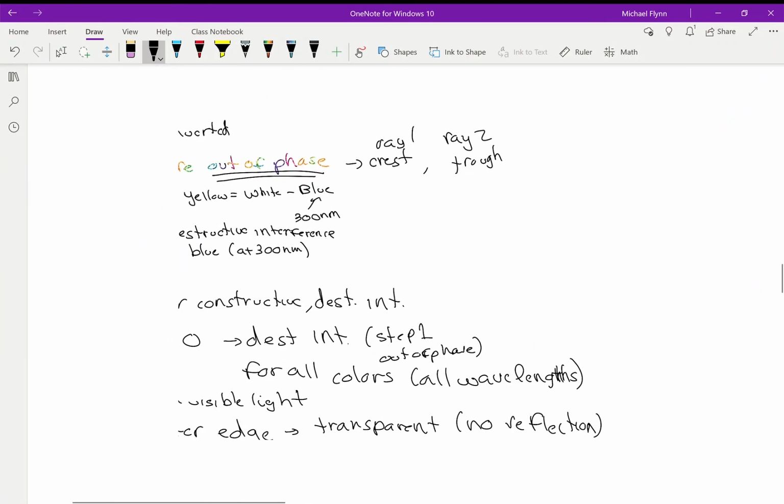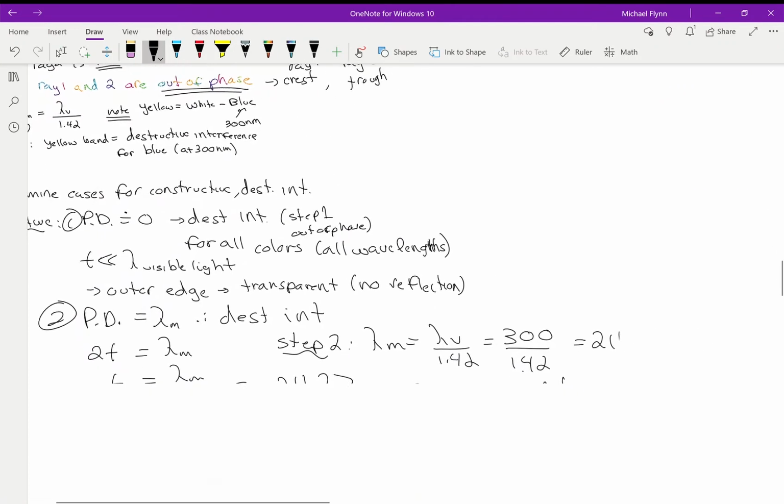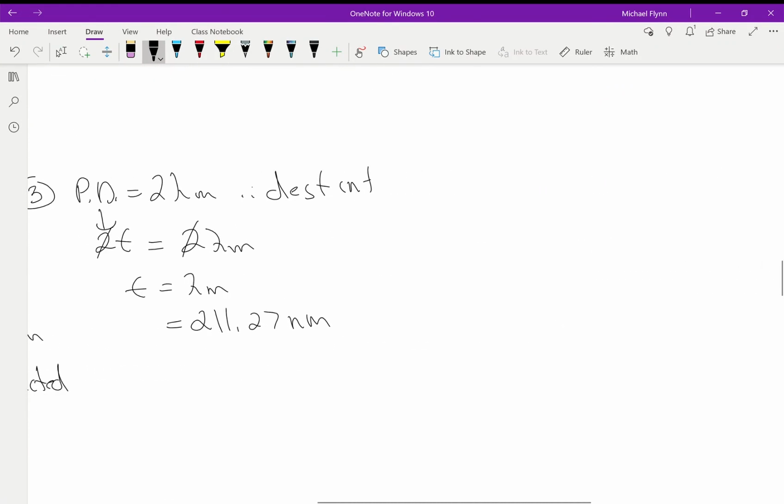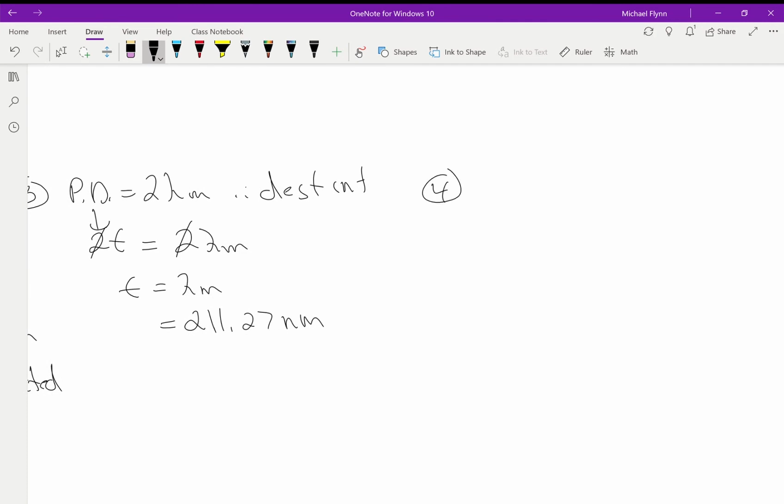We can just keep doing new path differences. So if I do another path difference, step 4, what if the path difference was equal to 3 wavelengths? So you get the idea, right? Therefore twice the thickness is equal to 3 wavelengths in the medium.